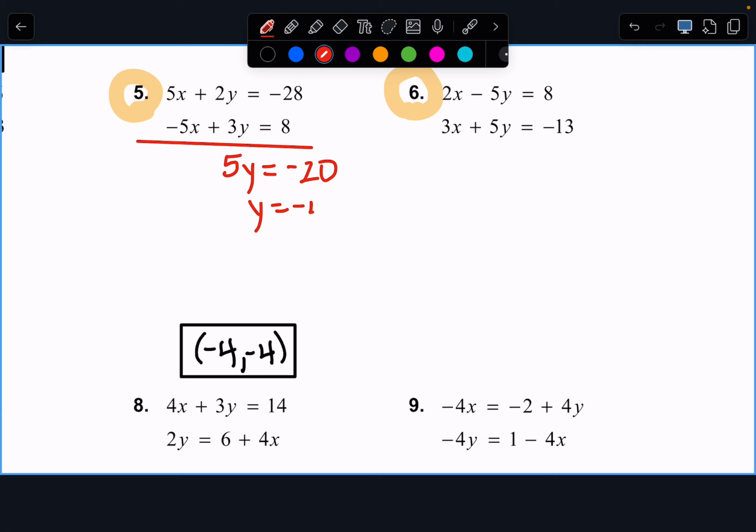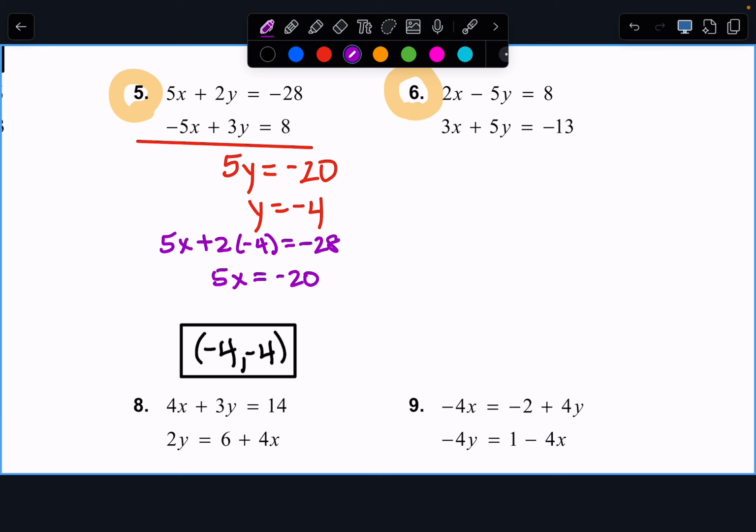So it looks like y is -4. How many of you plugged -4 into the second equation? So 5x plus 2y equals -28. So 5x equals -20. X equals -4. I like it.